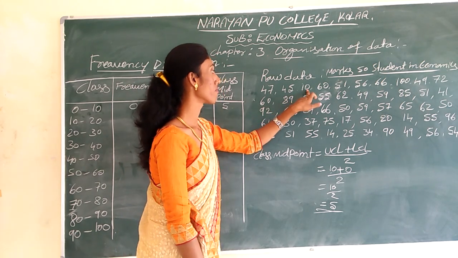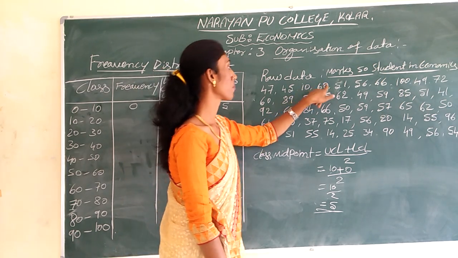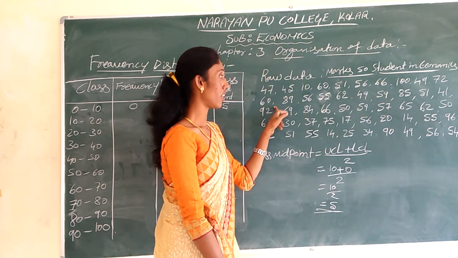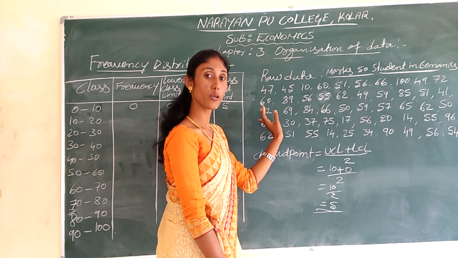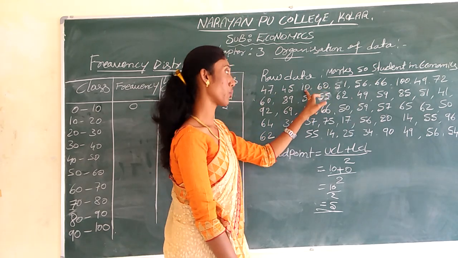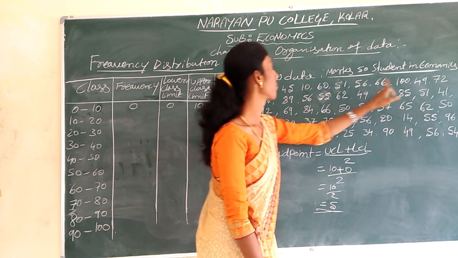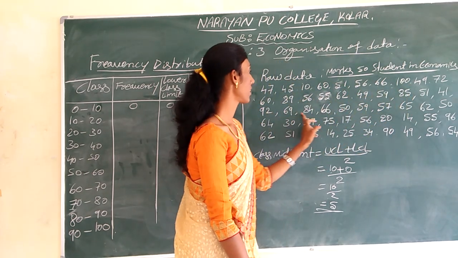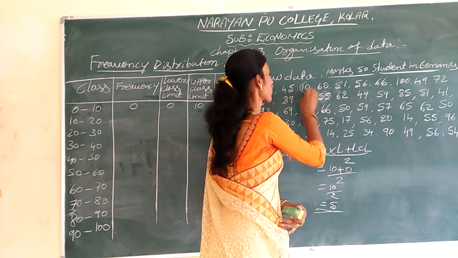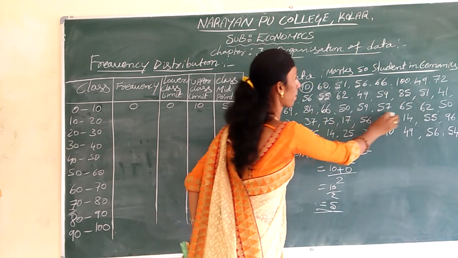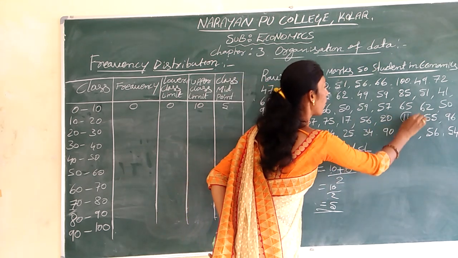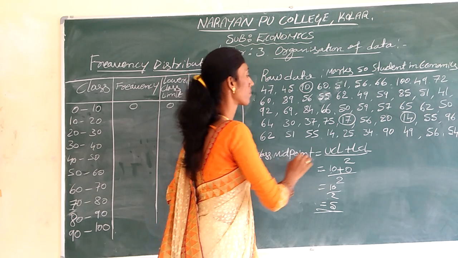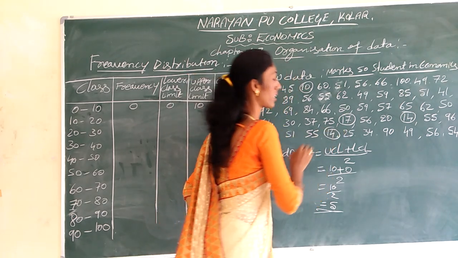Here the value is 1, 20, I got one value, and here we have one more value, then 17, then 14.